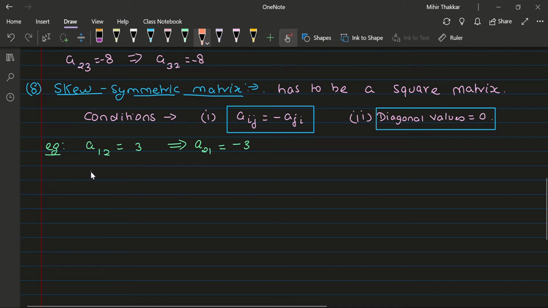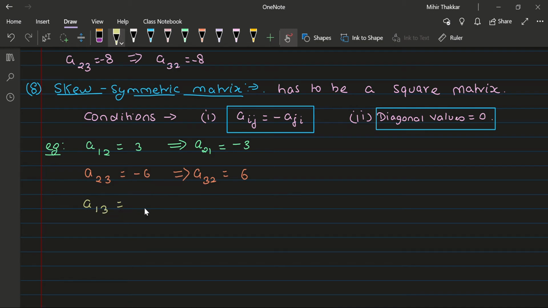If I have A23 is equal to minus 6, this implies that A32 will also be equal to negative 6 with a negative, so negative and negative will become positive 6. And if I have A13 as 11, then in such a case A31 will be negative 11.